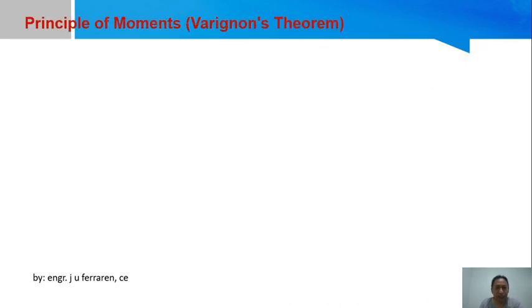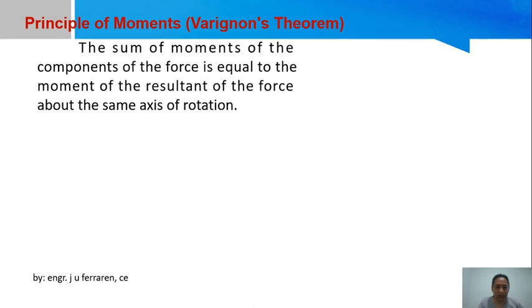So, we have the principle of moments, commonly termed Varignon's theorem. The moment produced about a point by a resultant of components of forces is equal to the sum of the moments of the components of the force about the same axis of rotation.